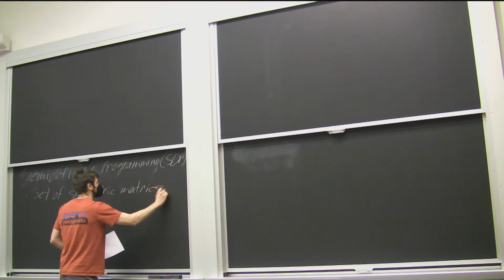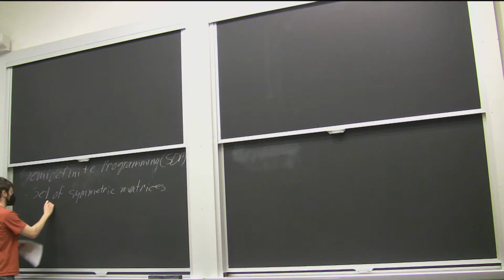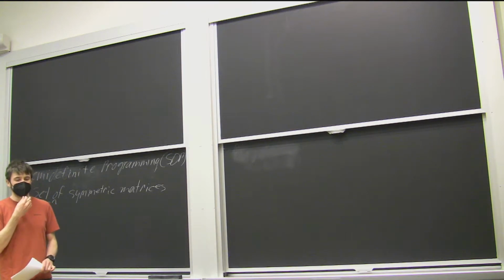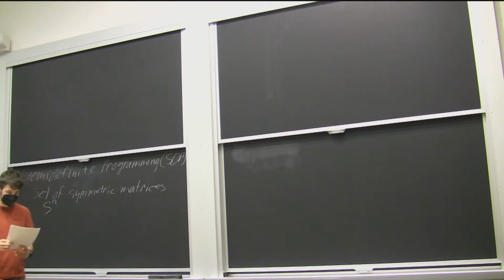This set, I'm going to denote S sub n. At some point there will be pluses and minuses. I might flip the pluses and the n from superscript to subscript, just because people use different conventions, but I'm going to try to stay consistent.